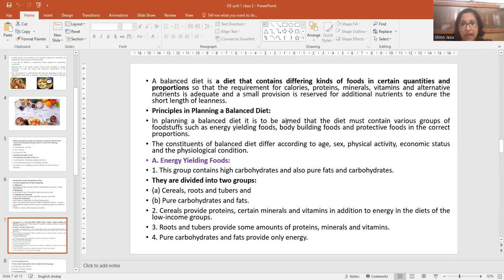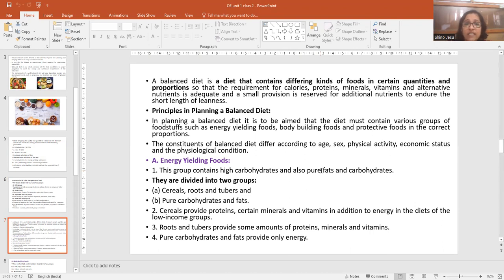Principles in planning a balanced diet: we have to aim that the balanced diet must contain various groups of foods such as energy-yielding foods, bodybuilding foods, and protective foods in correct proportions. And the constituents of a balanced diet differ according to age, sex, physical activity, economic status, and the physiological condition.